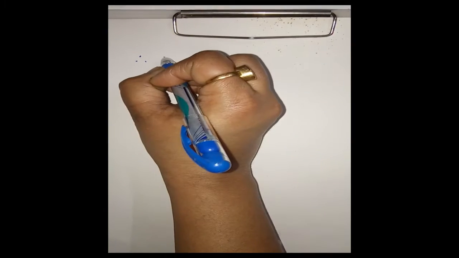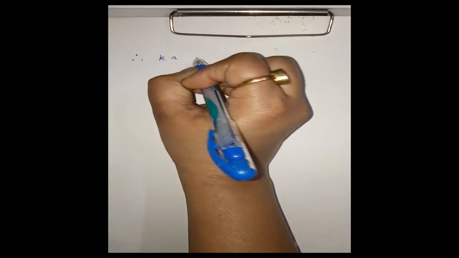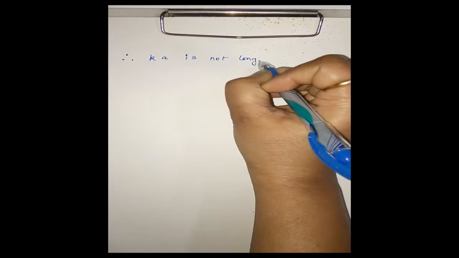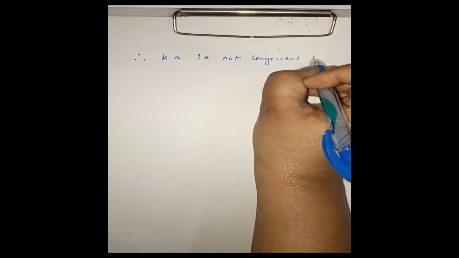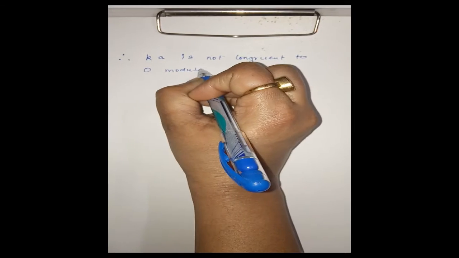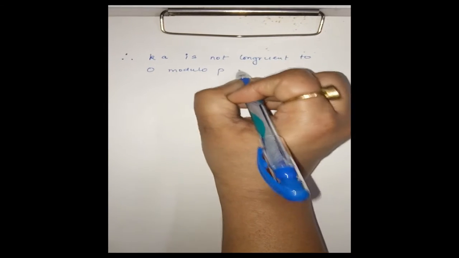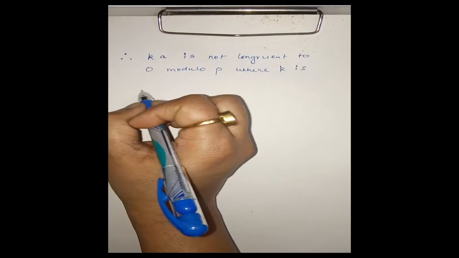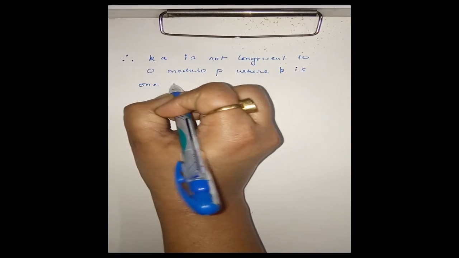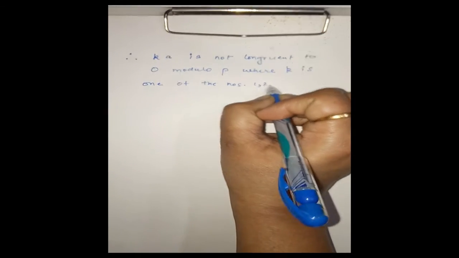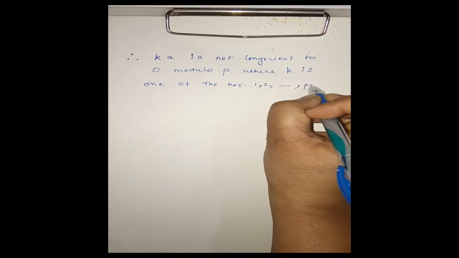Therefore, Ka is not congruent to 0 modulo P, where K is one of the numbers 1 up to P minus 1.